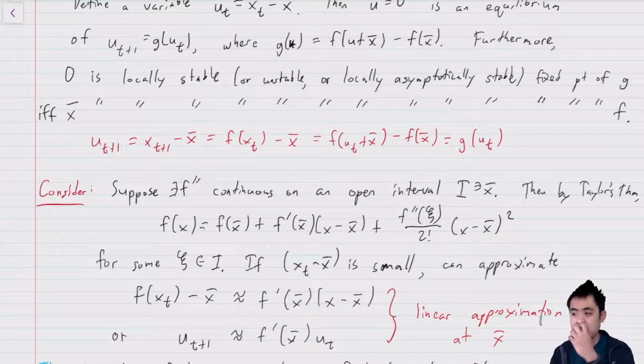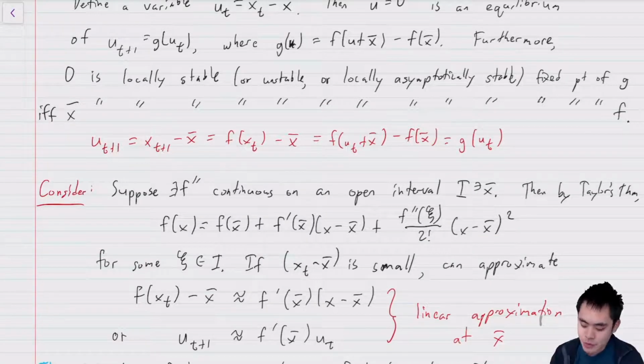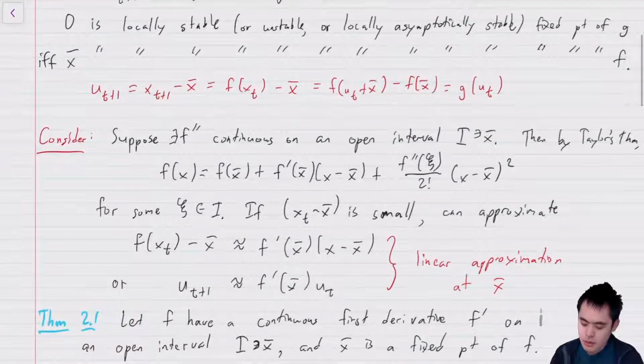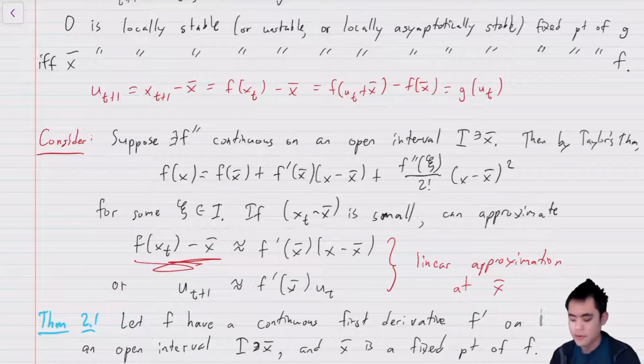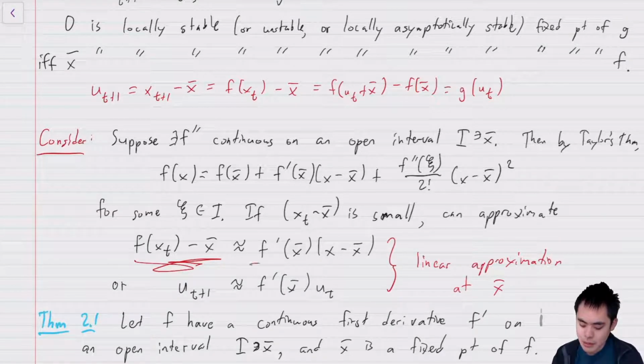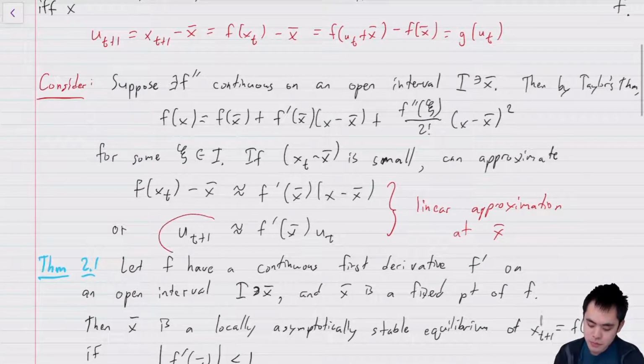This is just Taylor's theorem with remainder, where this xi term here is in this open interval. And if the distance from our equilibrium is small, then it turns out that our linear approximation is good. So you can approximate f of x sub t minus x bar by f prime of x bar times x minus x bar. And rewriting that just gives us our new difference equation down here.